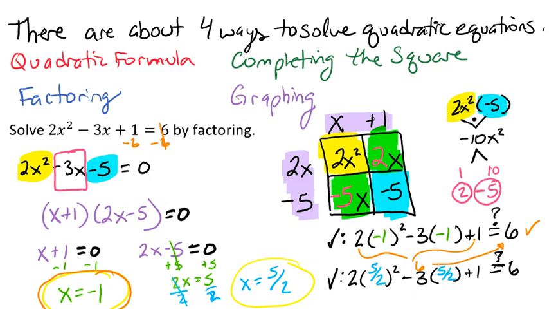And we're also going to get a value of 6, which also matches, which means x equals 5/2 is in fact a solution. So again, once you find your answers, it's important to plug them back in to make sure that they work and that they're not extraneous.